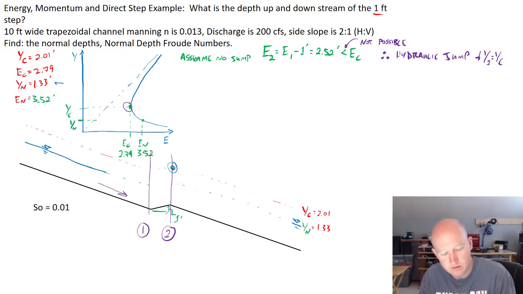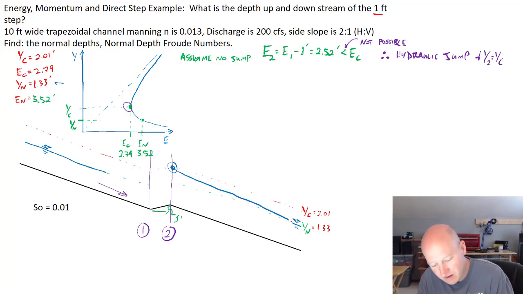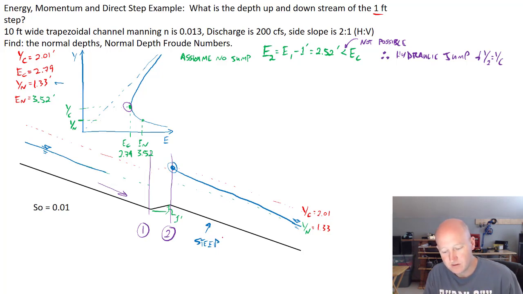It's going to go supercritical, and another way to think about this is that this is a steep slope, and we know that because normal depth is supercritical. And so that makes this an S2 curve. So we're going to need to start thinking about labeling these. And then we've got this local energy change, and so the water level is actually going to go up, it turns out.